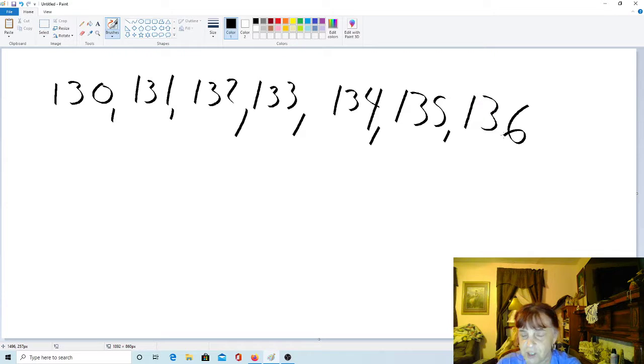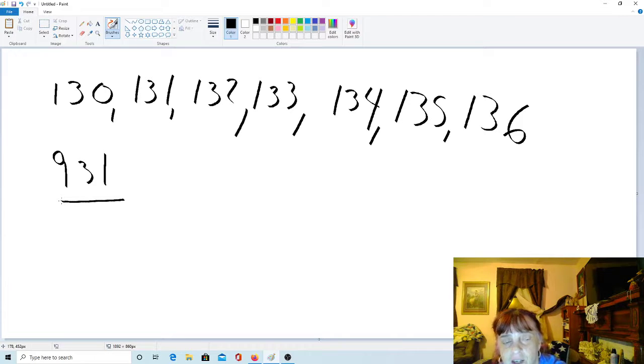So you add all those numbers up and you get 931. And you divide that by 7 because you have 7 numbers. Now, at the end, that's where you divide by n minus 1. At the beginning, when you find the mean, just divide by the number of numbers. And I get 133 is the mean.